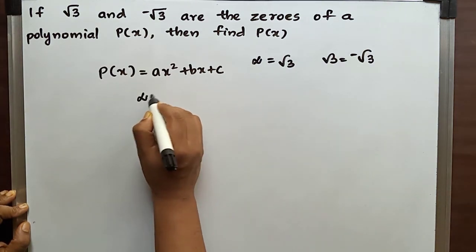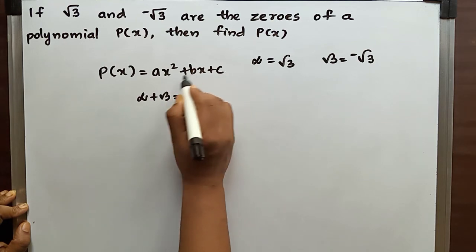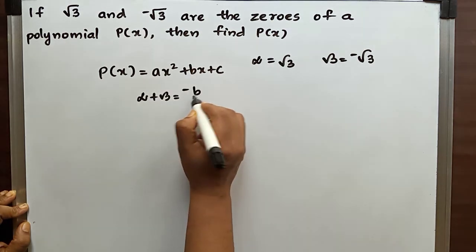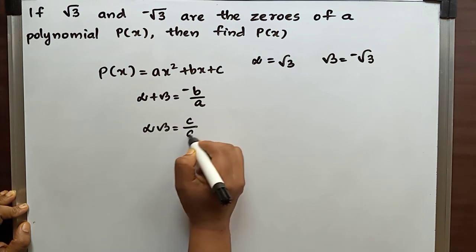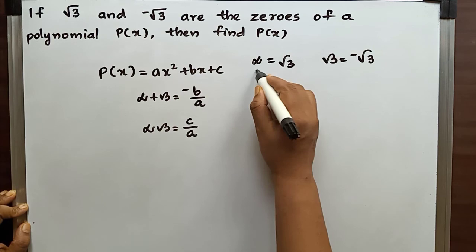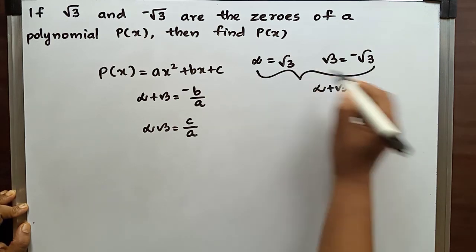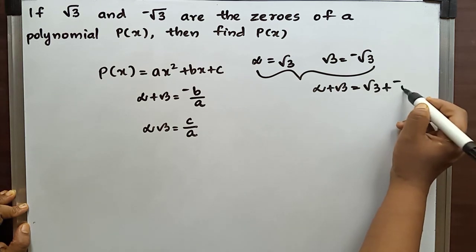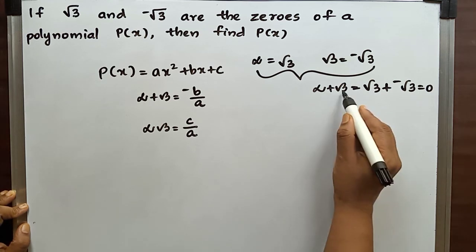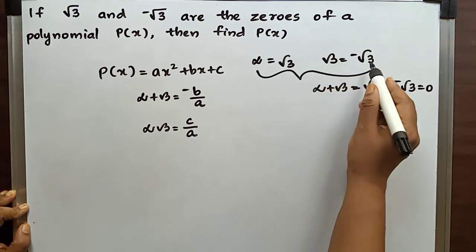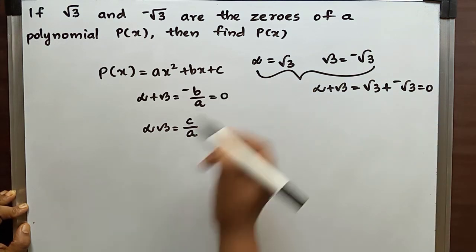Now what is alpha plus beta? From this expression we learned that alpha plus beta is minus b by a and alpha beta is c by a. Okay, from these values what is alpha plus beta? Root 3 plus minus root 3, that is 0. Right? If these two are the zeros of the polynomial, then alpha plus beta is equal to 0.